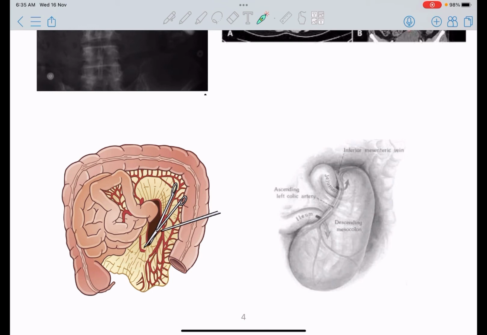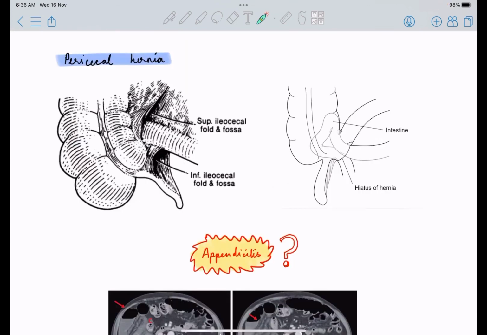If this is a sac, we stay on the right of the inferior mesenteric vein and open up the sac here. That will give us some space to pull the bowel loop out into the peritoneal cavity. We can see that this is the inferior mesenteric vein here, and we have cut the sac towards the right of the inferior mesenteric vein, and that is how we treat paraduodenal hernia of the left side surgically.